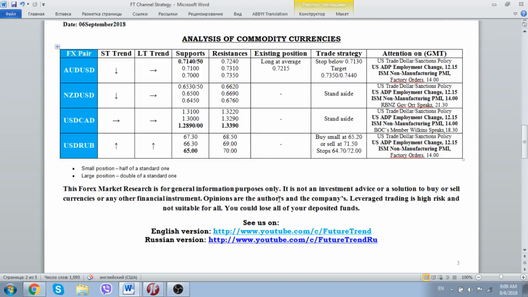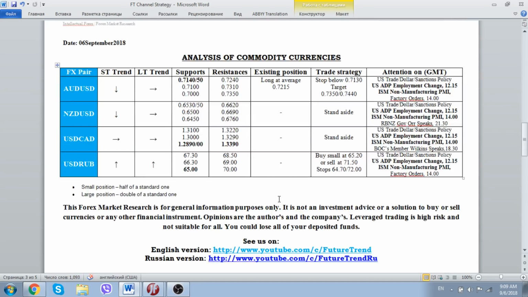And as regarding the commodity currencies, for those looking for our points of view how to trade the commodity block of currencies, we still keep our average long position in the Aussie accumulated at 0.7215. We still keep it and suggest to keep it while it's trading above stop loss at 0.7130.